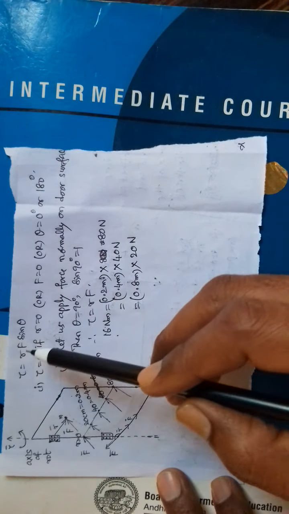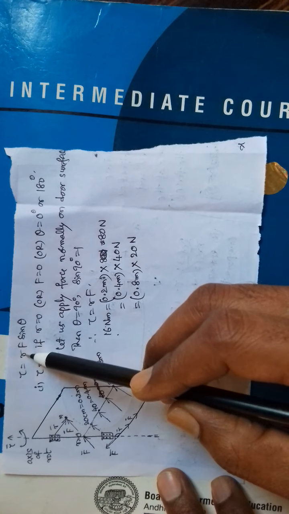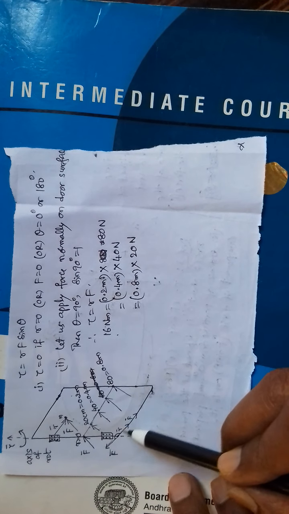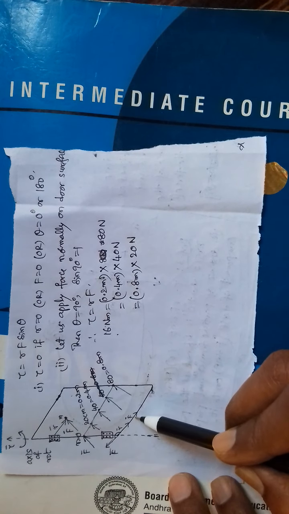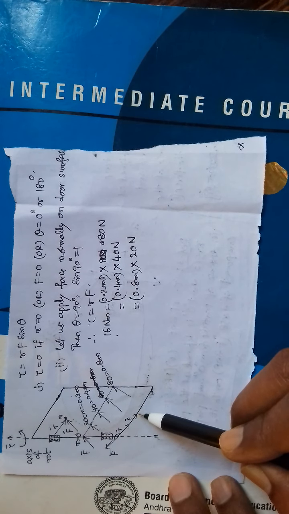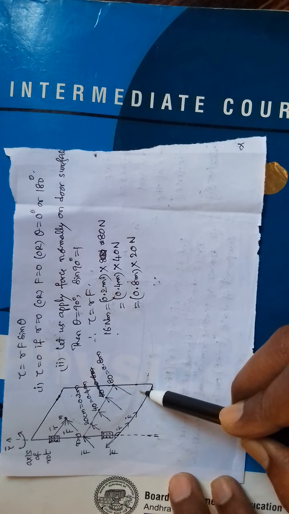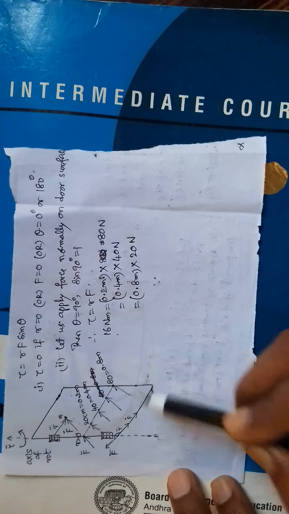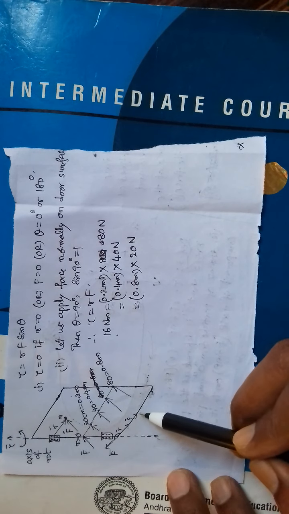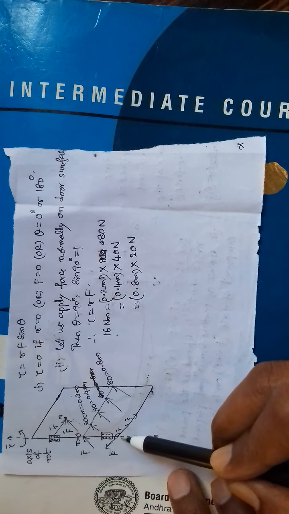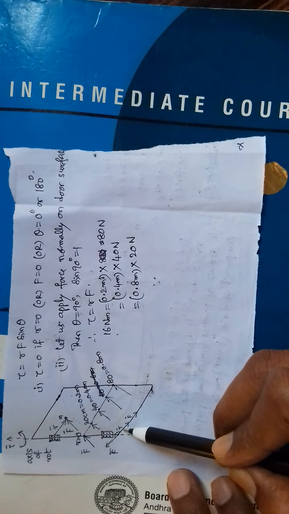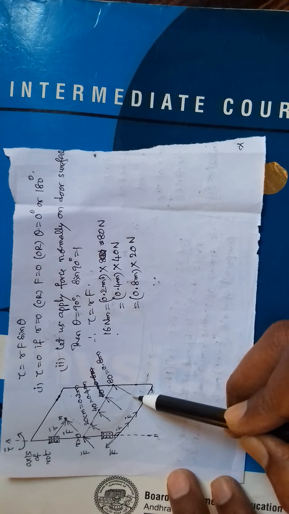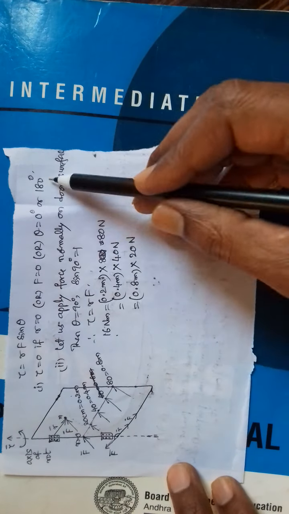If force applied and position vector are in the same direction, that is, force is applied in the direction of the position vector, then this door cannot be rotated. Similarly, suppose force is applied in the opposite direction to r, then the angle becomes 180 degrees, and then also the door cannot be rotated.